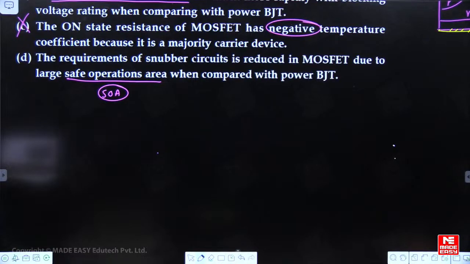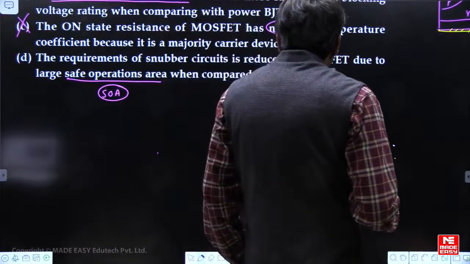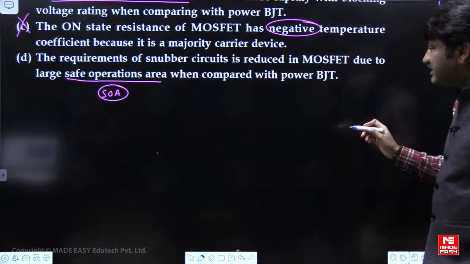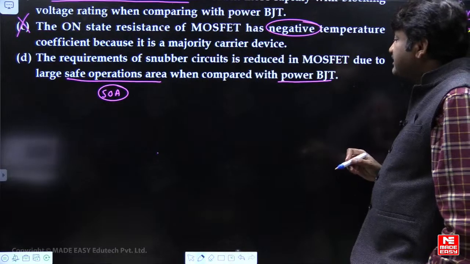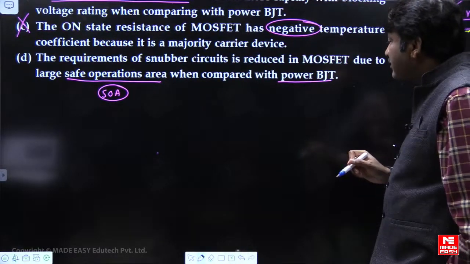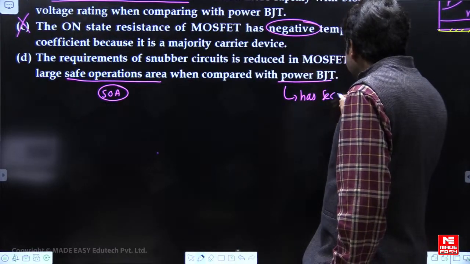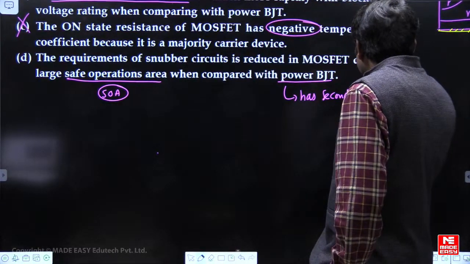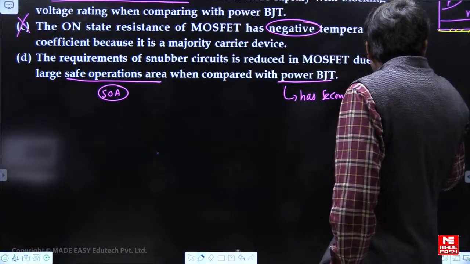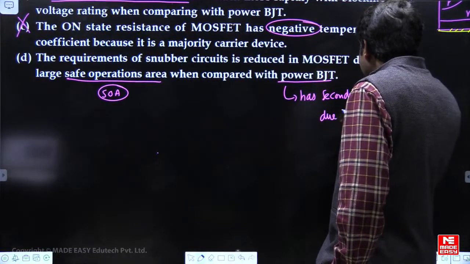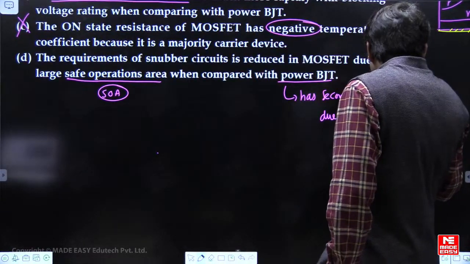Now in the case of MOSFET, we don't have a secondary breakdown limit. What is the disadvantage with BJT? BJT has secondary breakdown due to negative temperature coefficient for on-state resistance.